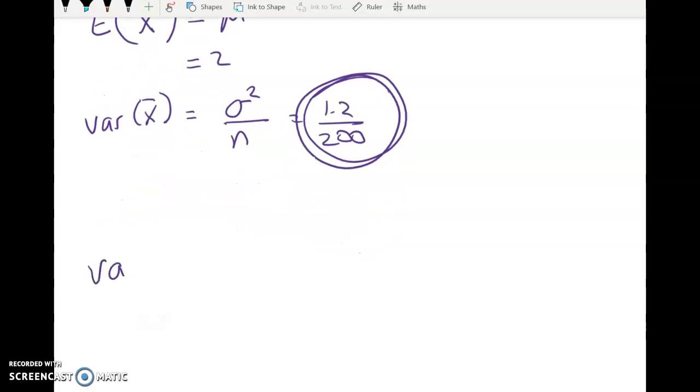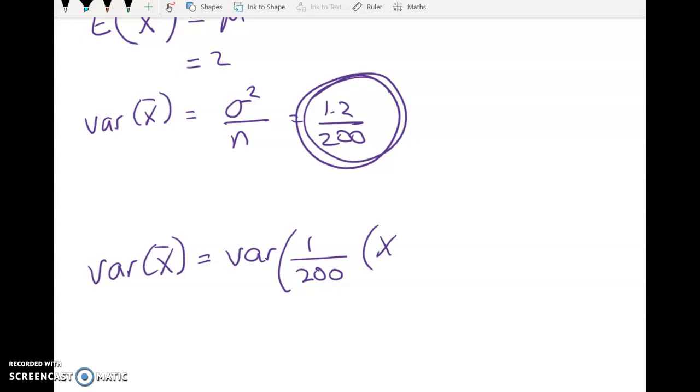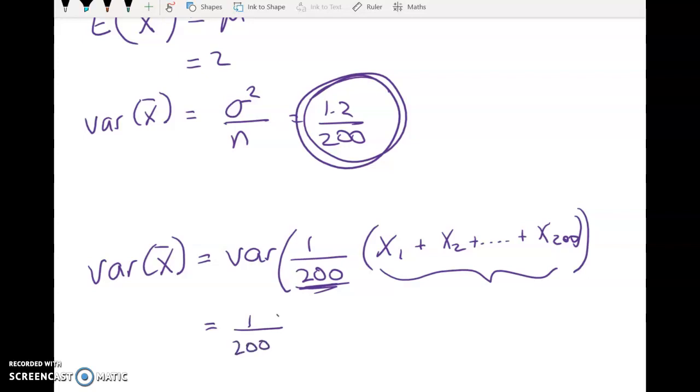So the variance of x bar is equal to the variance of 1 over 200 times x1 plus x2 and so on up to x200. Right, so we've got a linear combination here, 1 over 200 times the sum of 200 things with variation. So it's going to be 1 over 200 squared times the variance of x1 plus x2 and so on.